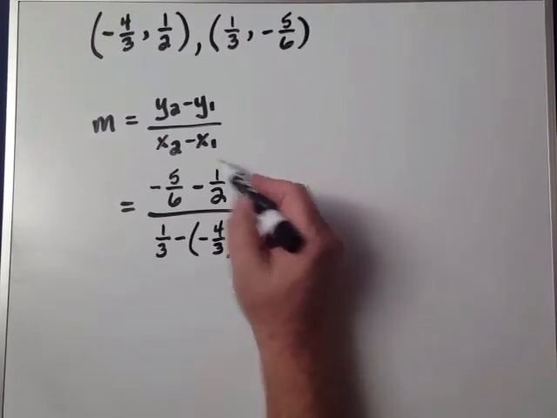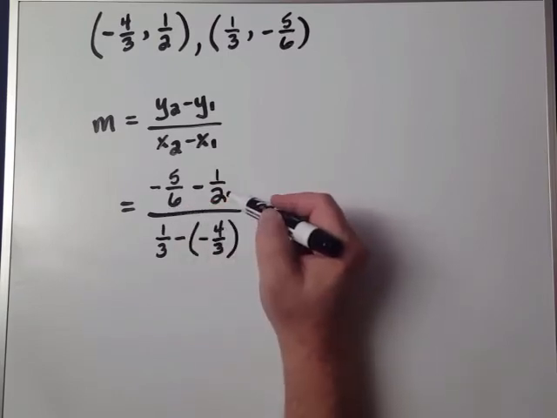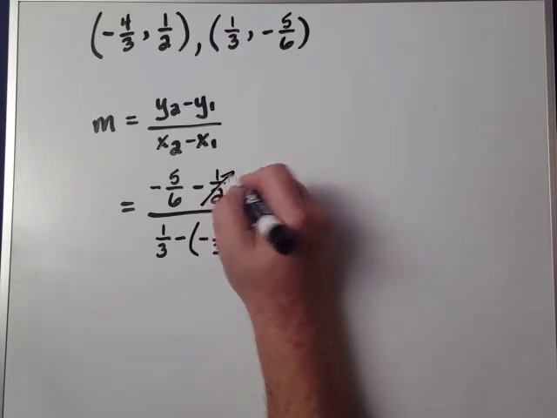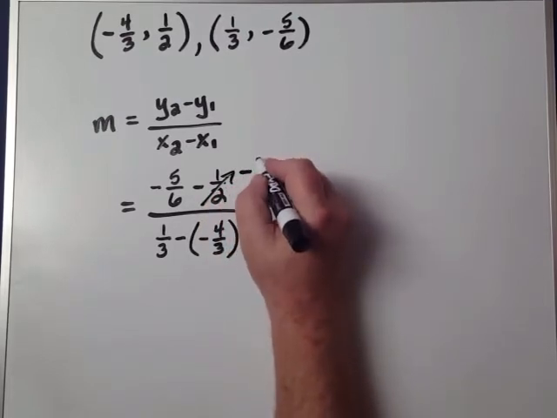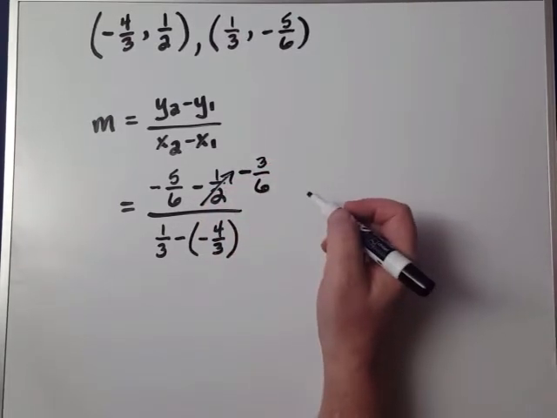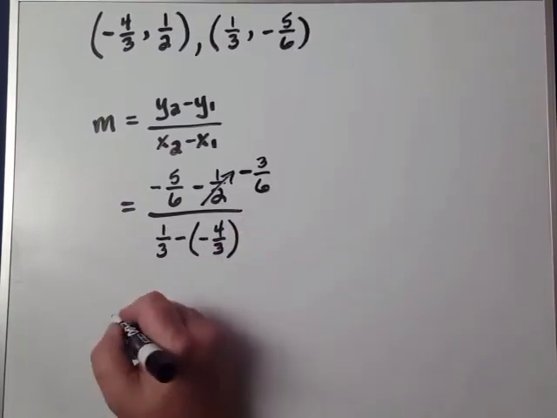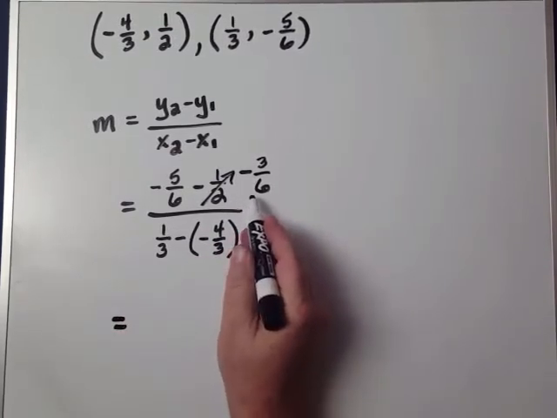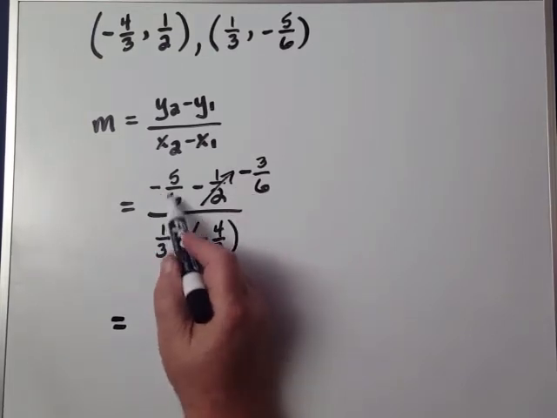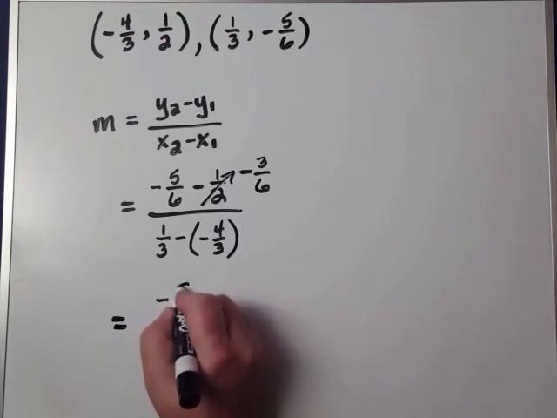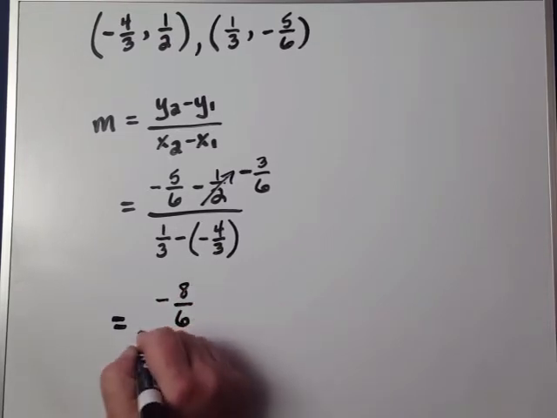Well, here in my big numerator, in order to subtract these two little fractions, I need a common denominator. Let me rewrite this minus 1/2 as a minus 3/6, right? Minus 1/2 is the same as minus 3/6. So this is going to give me minus 5, minus 3 of them is minus 8 of them, minus 8/6.